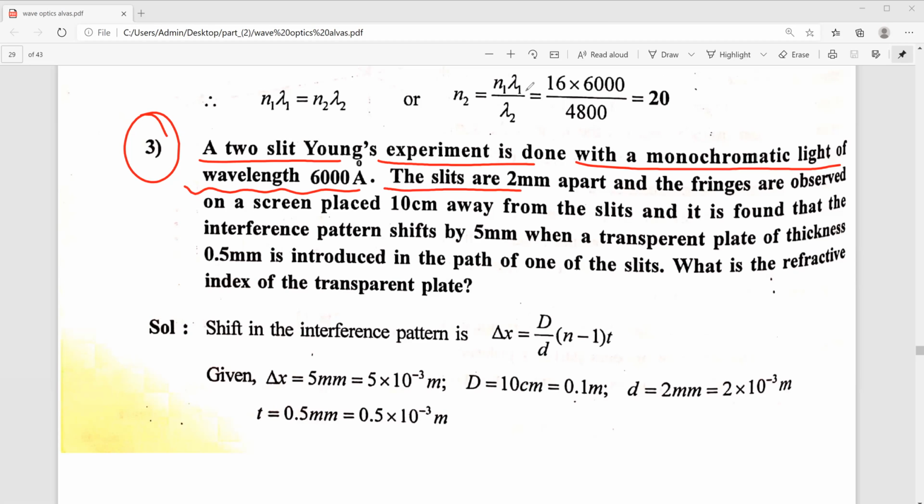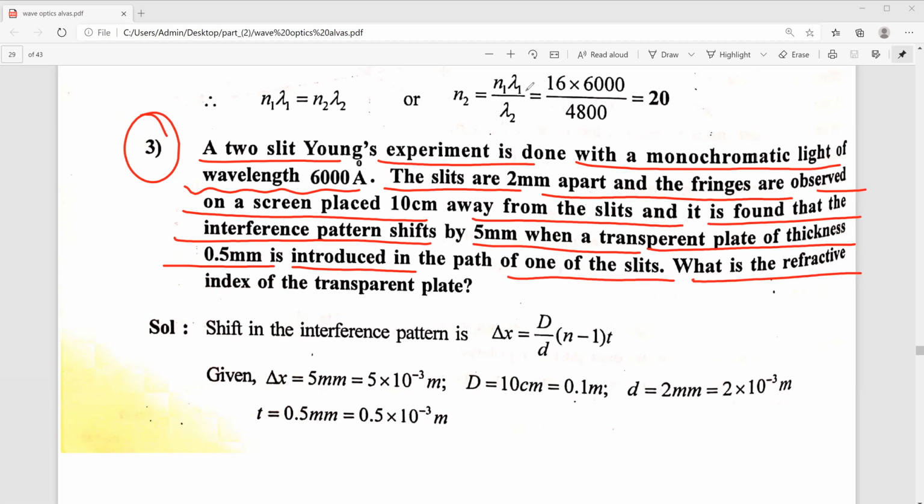Slits are 2 mm apart and fringes are observed on a screen placed 10 centimeter away from the slit, and it is found that the interference pattern shifted by 5 millimeter when a transparent plate of thickness 0.5 millimeter is introduced in the path of one of the slits. What is the refractive index of the transparent plate? So let us see how to solve the third one.